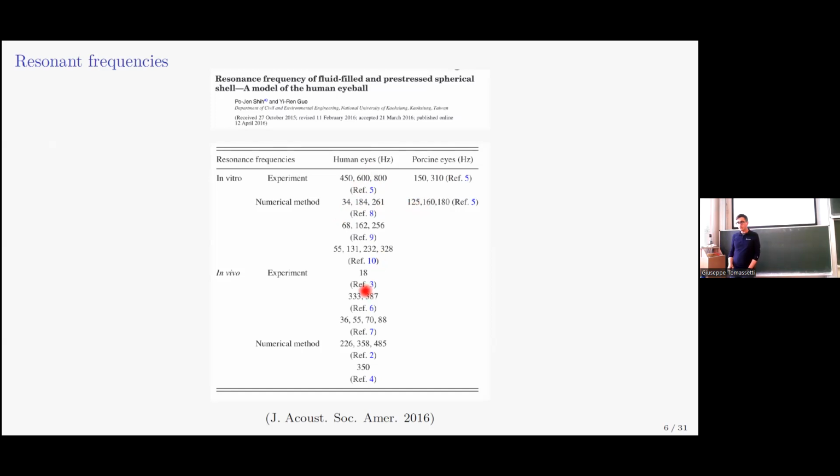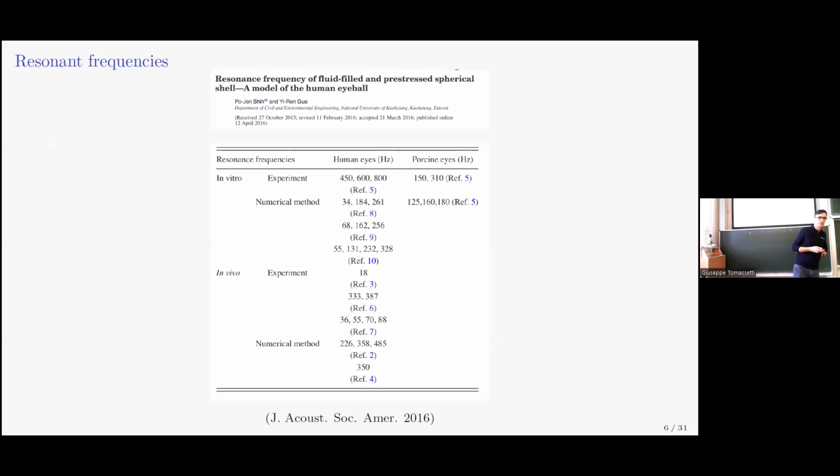They have made also experiments. These experiments usually were made by inflating the eye with water, with a solution of water and salt, for example, and measuring how the frequency would shift according to the pressure. And what you can notice from there are three numbers in each row, because essentially these are the lowest modes.